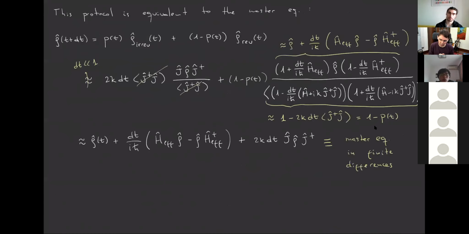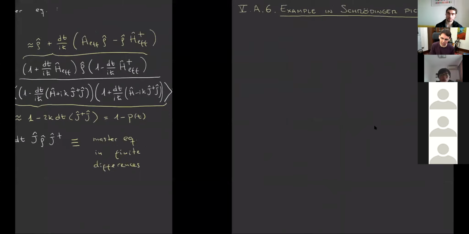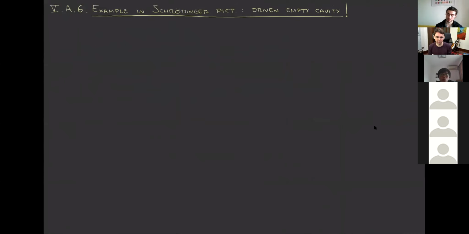Okay, so if all this is clear, I hope that I made a case for reversibility and irreversibility. What we are going to do now is apply the master equation formalism to one example, the same example as we did in the Heisenberg picture, the driven empty cavity. And we have only 10 minutes left.